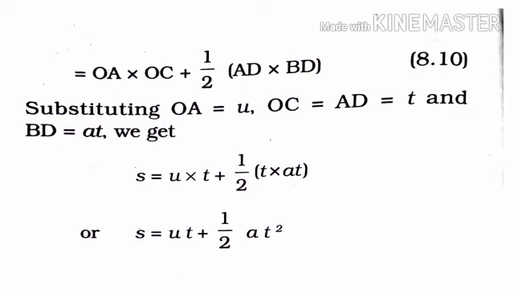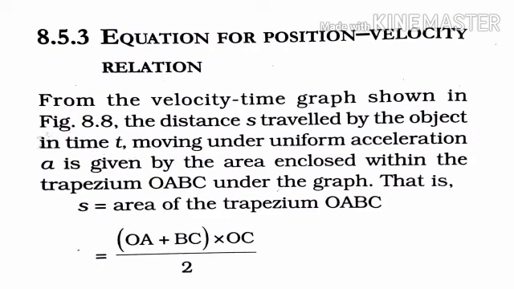Substituting OA = u, OC = AD = t and BD = at, we get s = ut + half t into at, or s = ut + half at square. Here we get our second equation of motion. Now we have studied two equations of motion: v = u + at and s = ut + half at square.